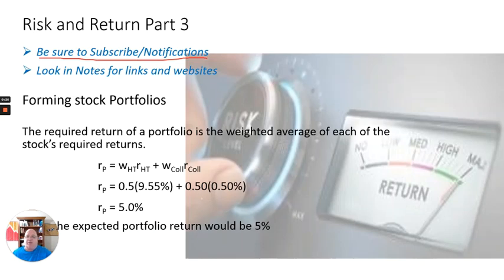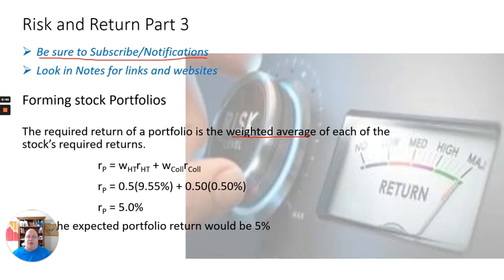The third part of this risk and return is used in the portfolio side of finance, and it's how you would think about forming stock portfolios. In that case, the required return of a portfolio is the weighted average of each of the stock's required returns.